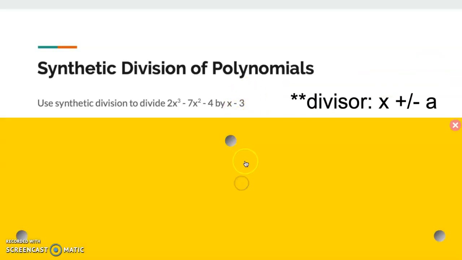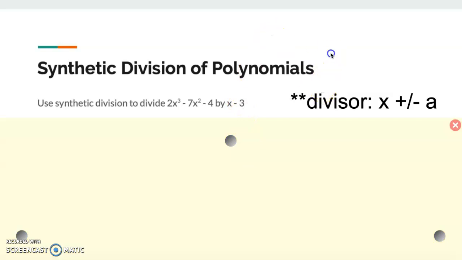For an example, my a would equal 3. It's always the opposite sign, so this is x minus 3. My a is a positive 3.